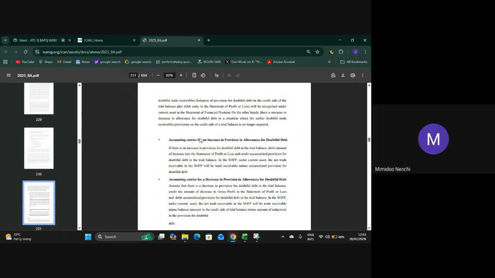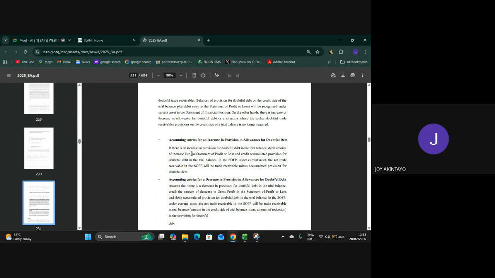Now, let's look at how we account for increments in provision for allowance for doubtful debts. We have a balance before, and then they now tell us that there is an increment.